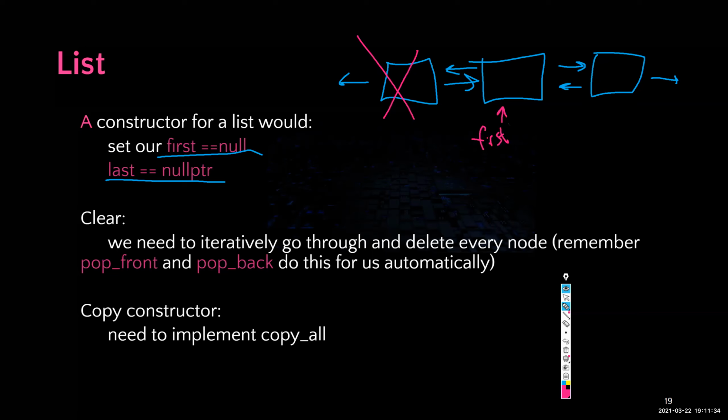So what if we just did this until our first was undefined? Let's think about what's going to happen here. Let's say I have a list of size 3, and our first points to this. If I call pop front once, I delete this node, and then first now points to this, and this is now null pointer.